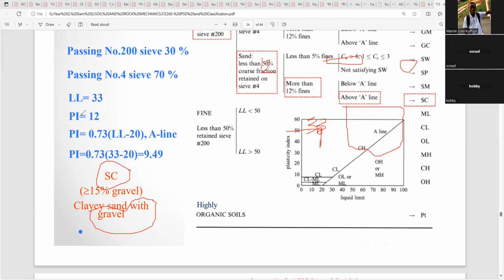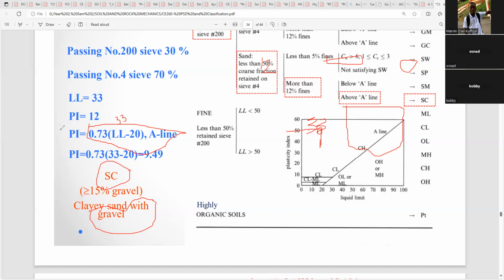And this formula too, you can use it to check whether it is above or below the A line. How do we do that? You have to put the liquid limit, the LL, where it appears. So you put 33 here. Have you seen it?